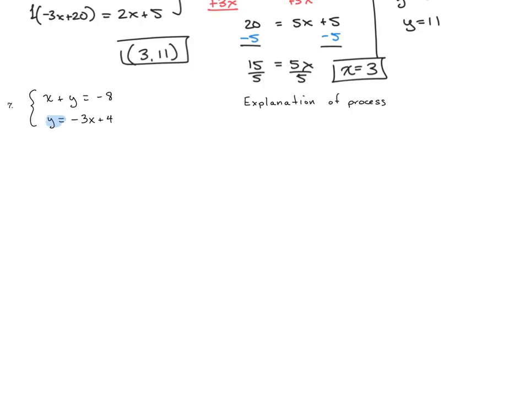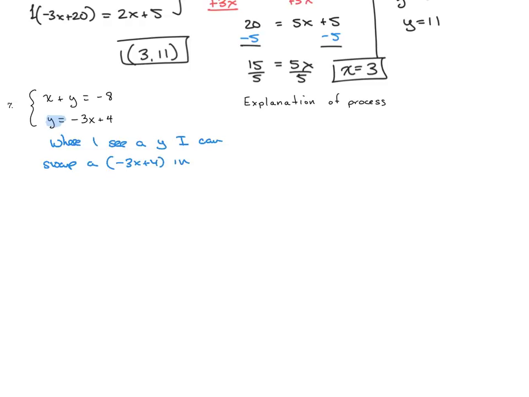That's what you're looking for, right? The y equals bit. So what that means is wherever I see a y, I can swap a quantity of -3x plus 4 in.